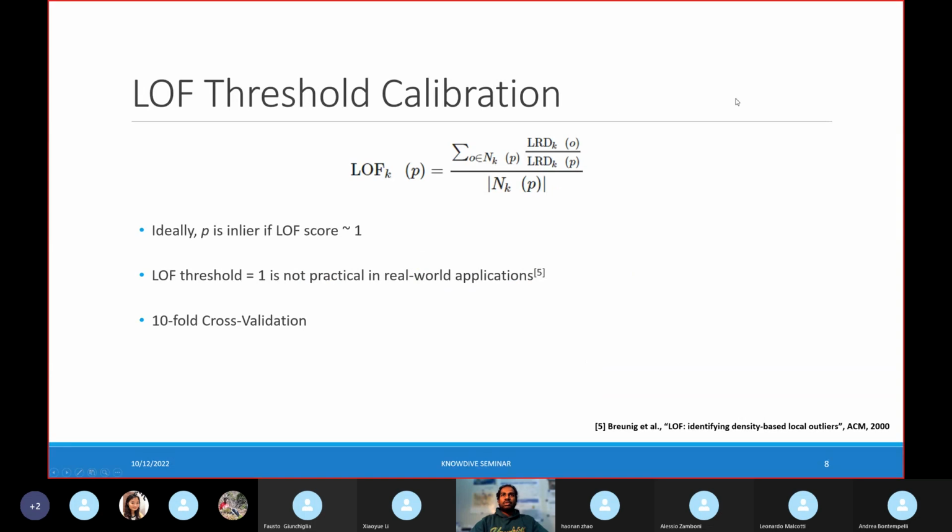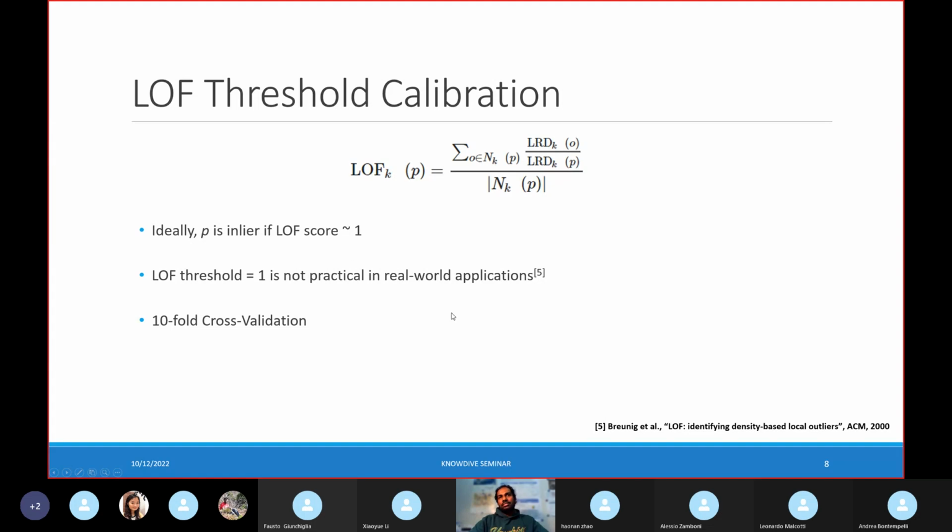Now let us have a closer look at the LOF equation. If I am the object P and I have a certain local reachability density, and all my neighbors also have a similar local reachability density, that will lead to an LOF of 1. This also implies that I am within the cluster, so I'm not an outlier, right? So ideally, if I'm an inlier, my LOF score is 1.